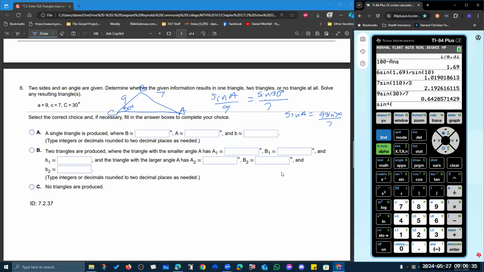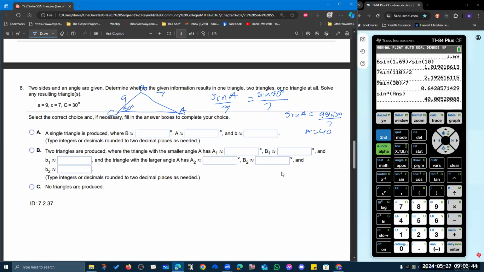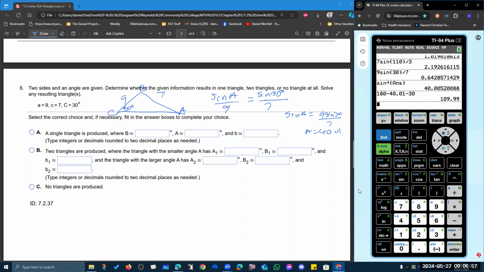Second arc sine, second answer is 40.01 degrees. So 180 minus 40.01 minus 30 gives us angle B is 109.99.